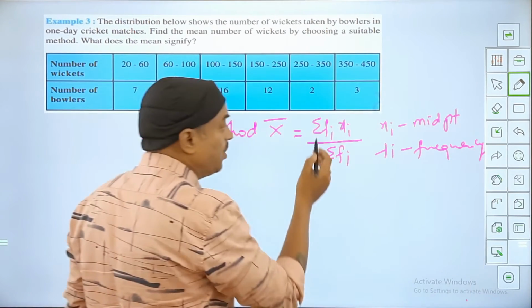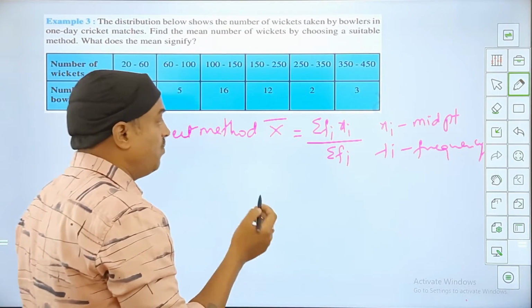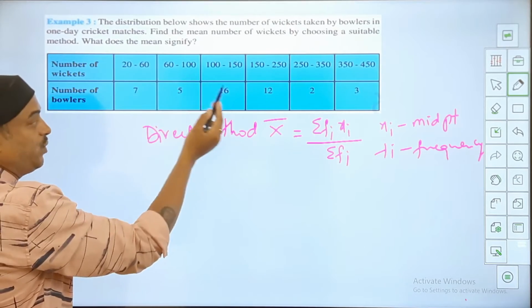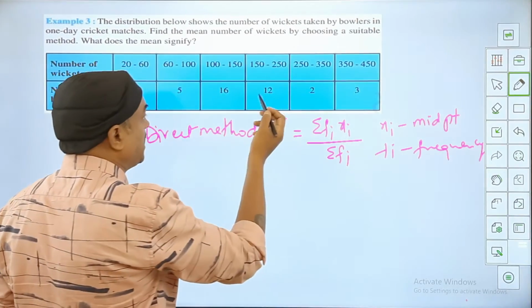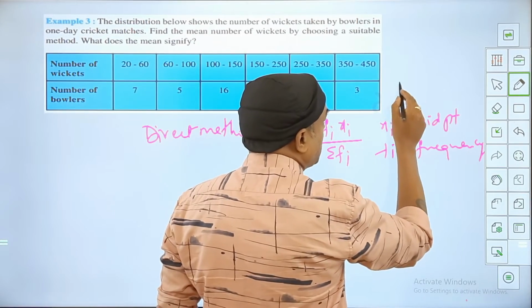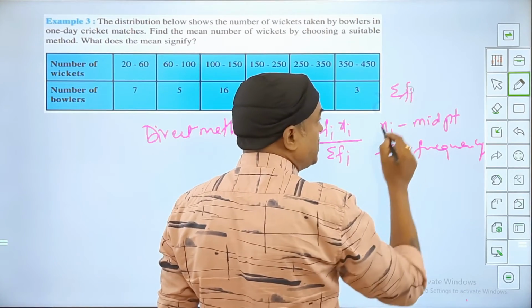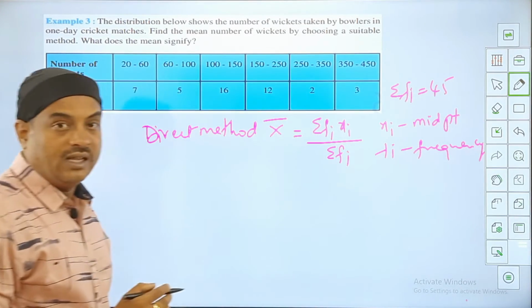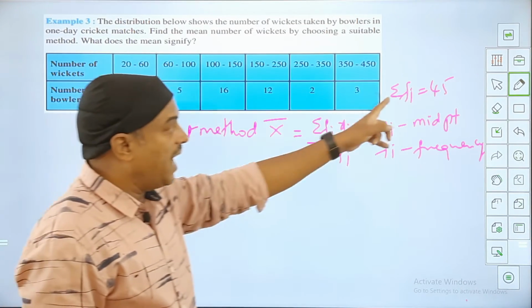Now you must be wondering what this symbol is and how to use it. For example, if I take the sum of fi, add all the numbers here: 7, 5, 12, 28, 40 and 45. So I write, summation of all the frequency values is equal to 45. Now what does this i represent?